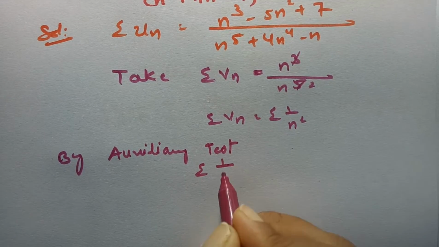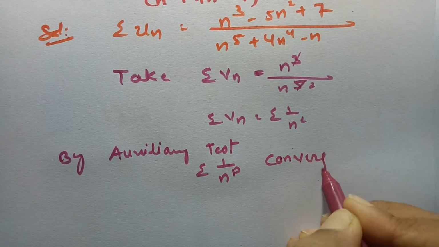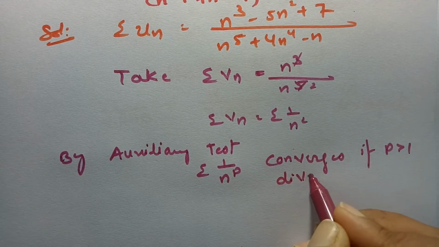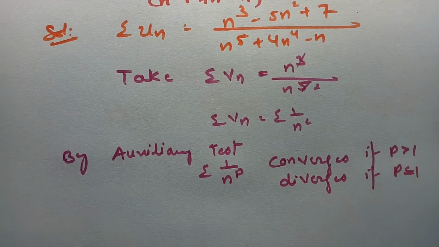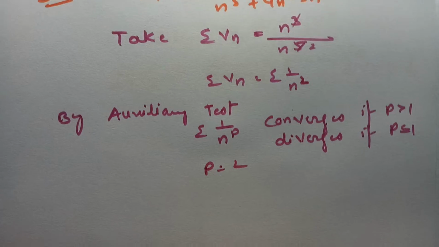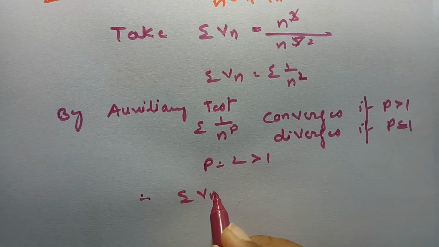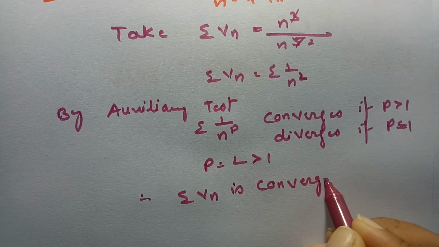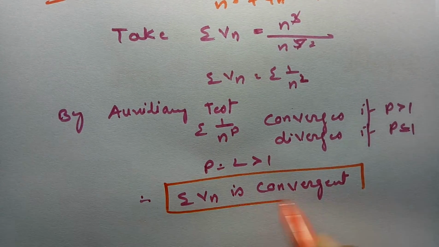According to this test, sigma 1 by n power p converges if p is greater than 1, and diverges if p is less than or equal to 1. Therefore when we compare here, p is equal to 2, which is greater than 1. Therefore sigma v_n is convergent from the auxiliary test or the p series test. Our selected v_n is convergent.